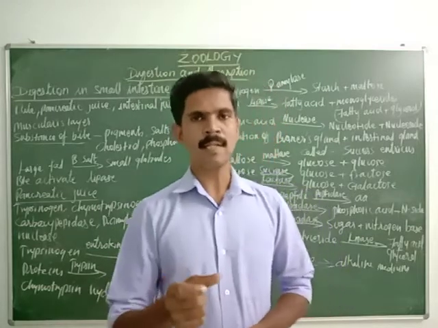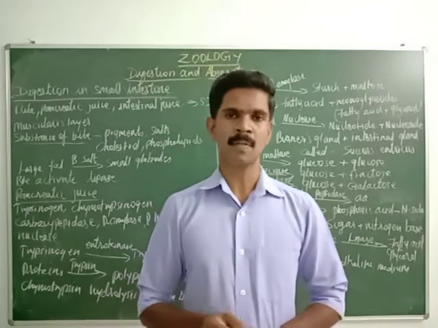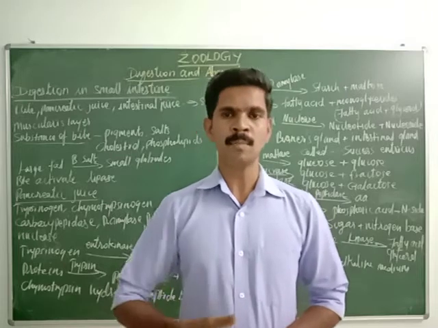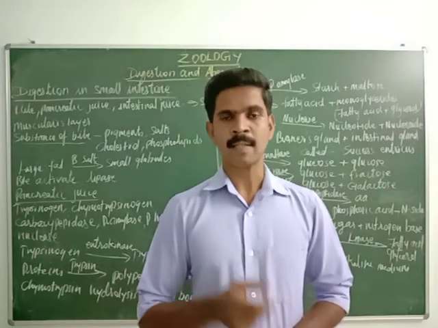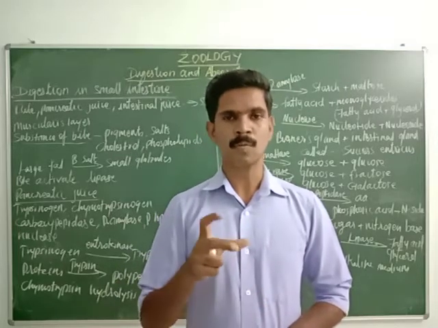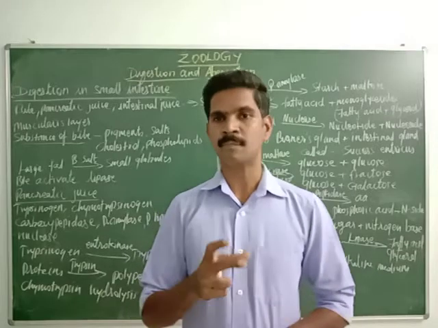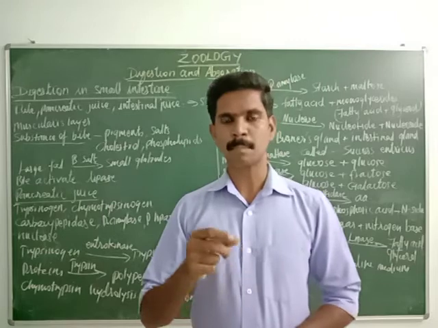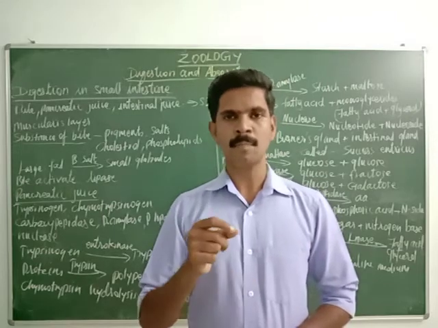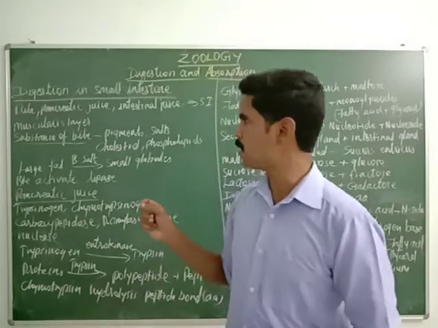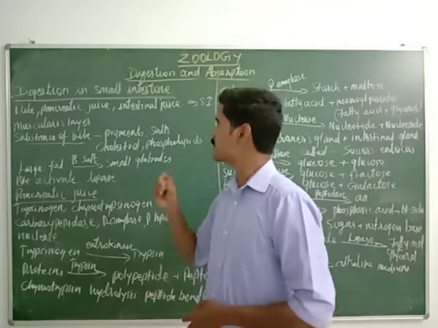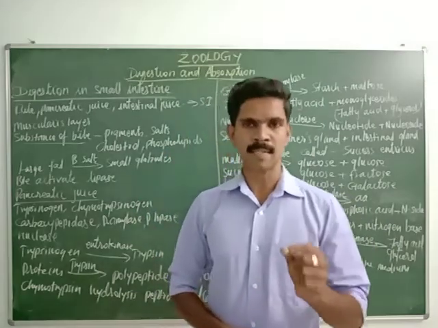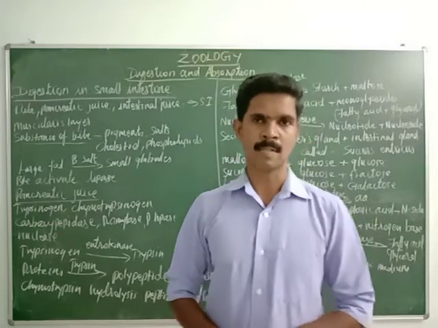Here, the muscularis layer plays a very important role in digestion in the small intestine, because the movement of the muscularis layer is very important to mix the food materials with the secretions. So the food materials are mixed with the bile, with the pancreatic juice, and with the intestinal juice because of the movement of the muscularis layer of the small intestine.